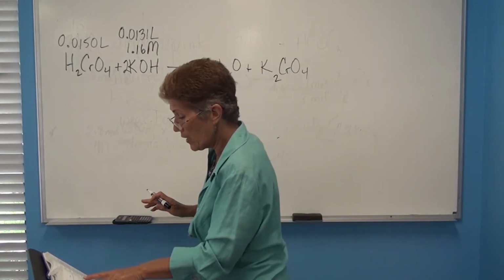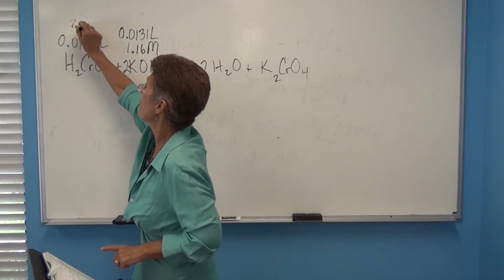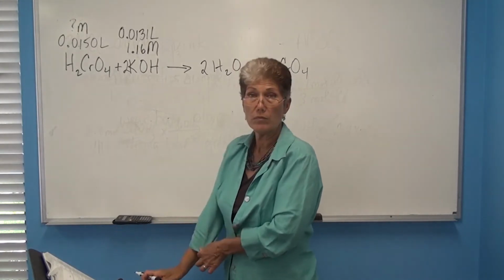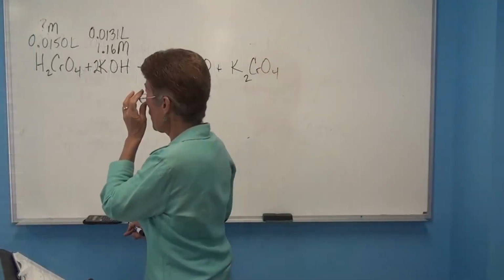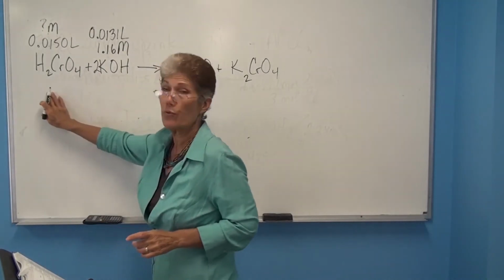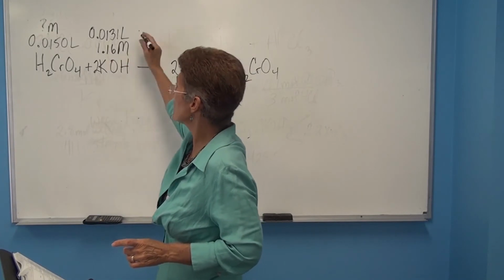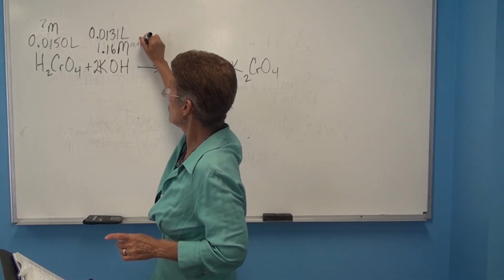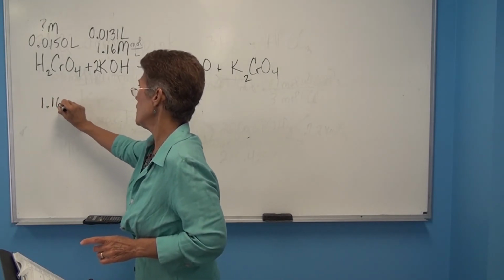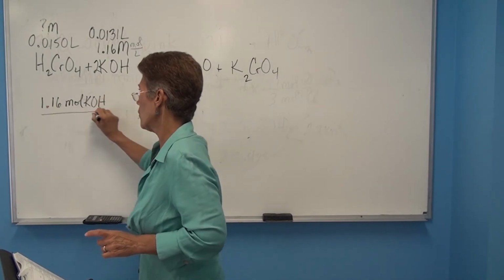And so we are looking for, what is the concentration? We are looking for the molarity of the original acid. So we have to start where there's no question mark, drive to where there is a question mark. We're going to have to go through the moles to get there. So we want to get to moles, and we have moles right here because this is actually moles per liter, isn't it? So we're going to use that, 1.16 moles of potassium hydroxide per liter.